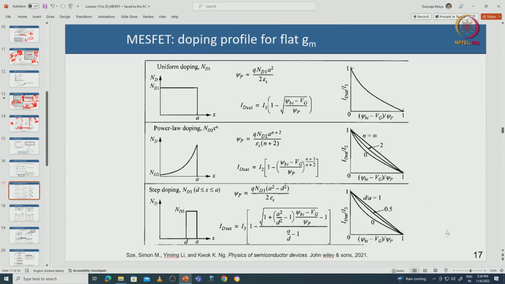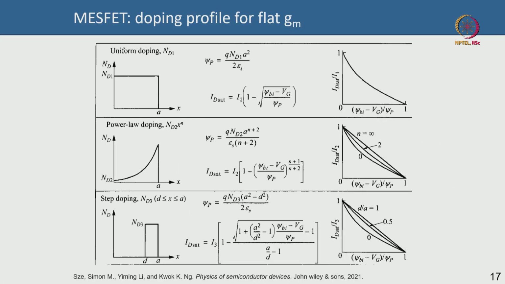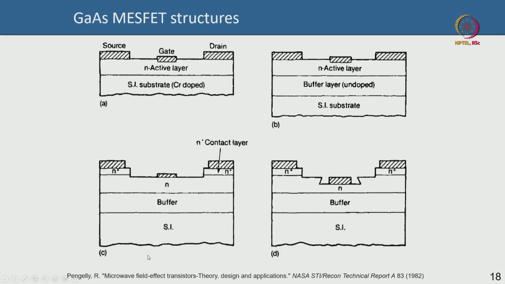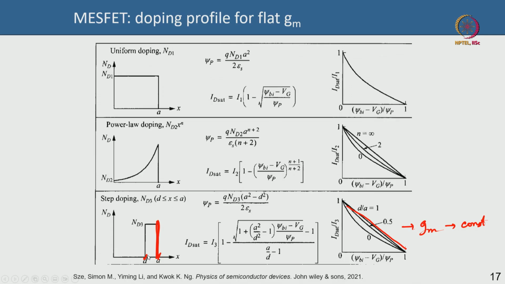It means that this point and this point are the same, which means it is one delta doping like that. In that case, you will get the perfectly linear ID, which means your Gm will be constant, and that is good for linearity, okay. If your D is halfway between D and A, then your linearity becomes degraded.